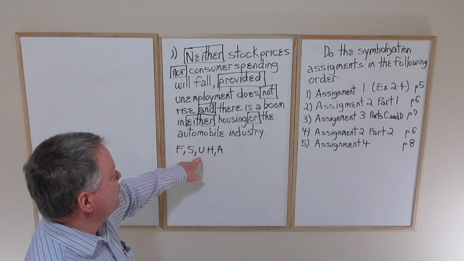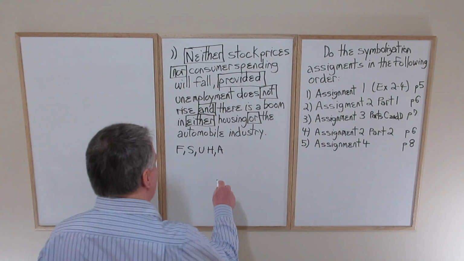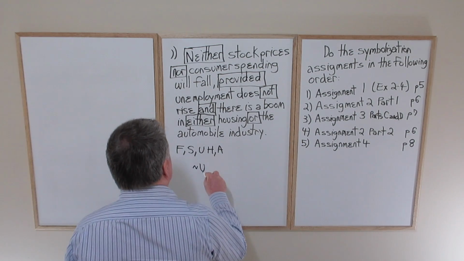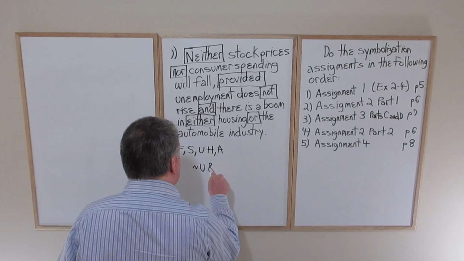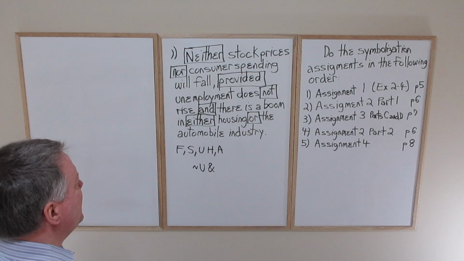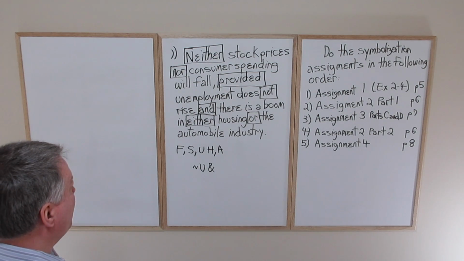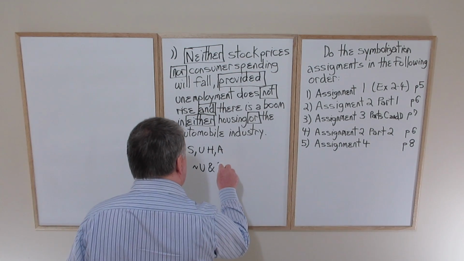unemployment does rise as U, tilde U, unemployment does not rise, and there is a boom in either housing or the automobile industry, or in the best case scenario, I suppose, both of them.